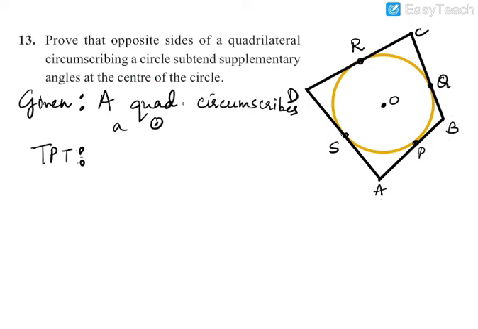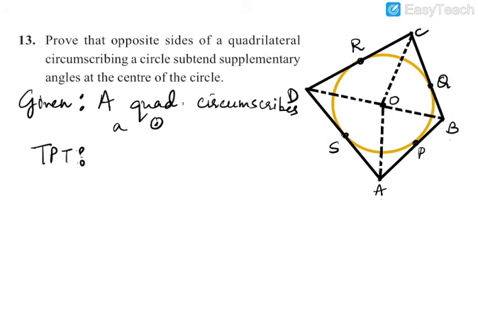The opposite sides of this quadrilateral are AB and DC. So the angle subtended by AB at the center is angle AOB. Similarly, angle subtended by DC at the center is angle DOC.